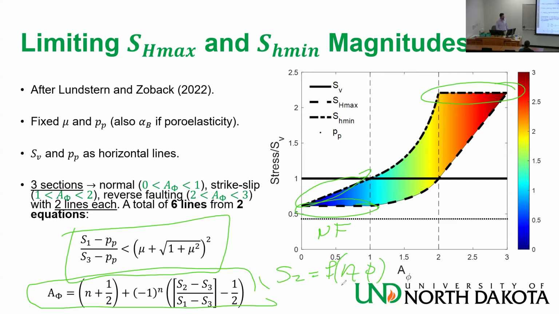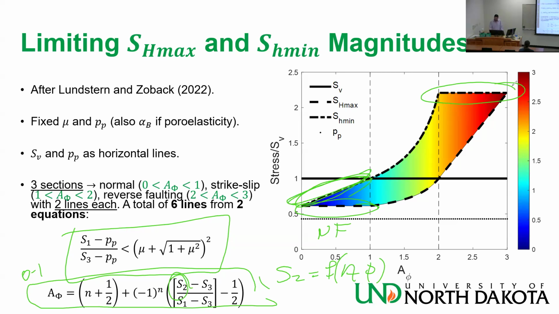So you have alpha phi on one column and S2 on the other column. And you basically set alpha phi to a certain value from 0 to 1. I think in the last lecture, accidentally, I said 0 to 3. I meant 0 to 1 because that's where the equation is valid. And then you calculate S2, which is SH max. And that's how you get this line here.